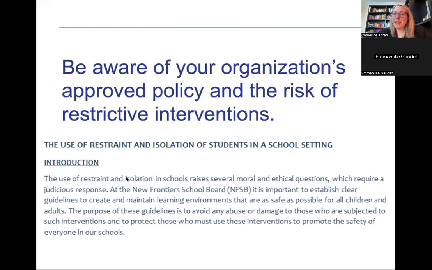In terms of restraints and isolation, your school board has a guide that is there to accompany. I'm sure Emmanuel will put it into the chat. The Ministry of Education is working right now on their own guide to accompany schools and boards, and that is to come soon. But I invite you, if you haven't seen that document, please take a look at it.